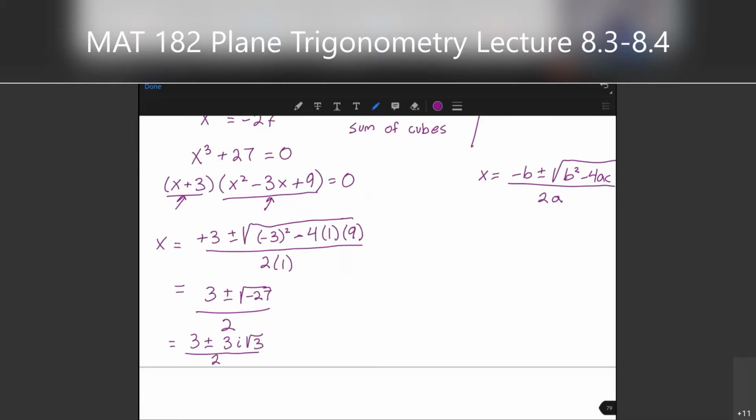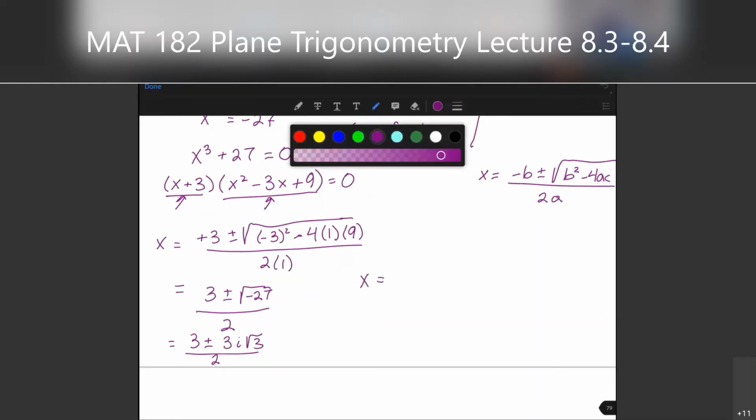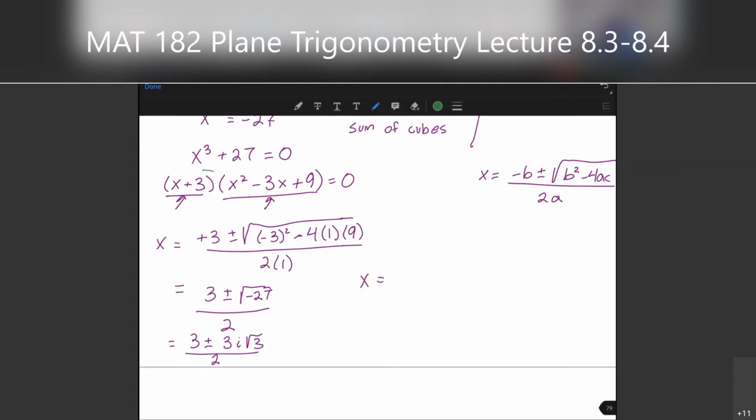So if I consider all 3 roots here, the first root that we find comes from that original factor x plus 3. So we have a solution of -3, which is going to solve that to be equal to 0.